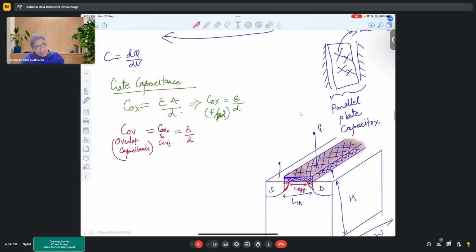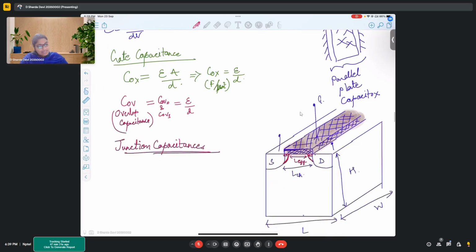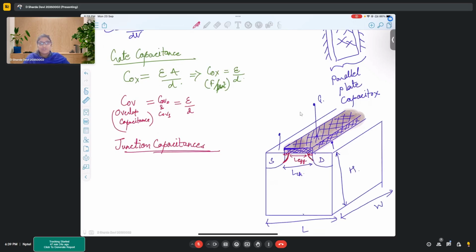Now, the second category, as we discussed, is junction capacitances. So these junctions are PN junctions. So these come from the PN junction. So here we have NPN, let's say.